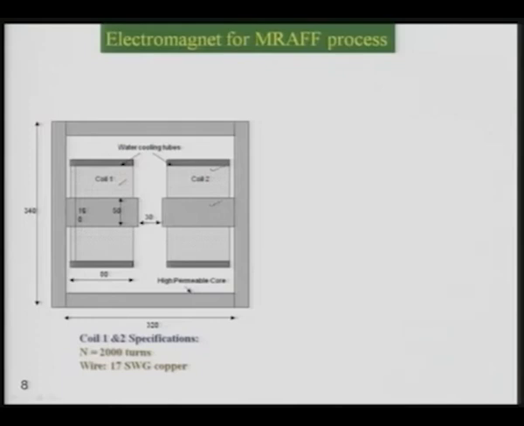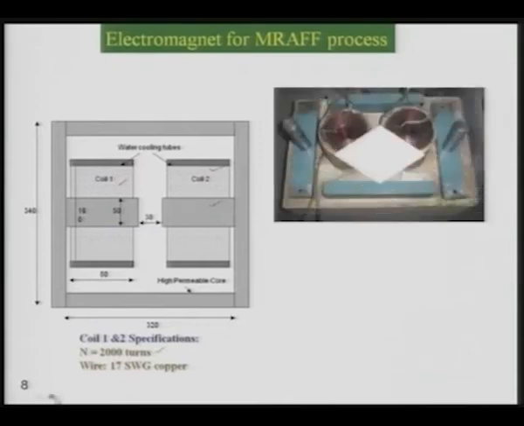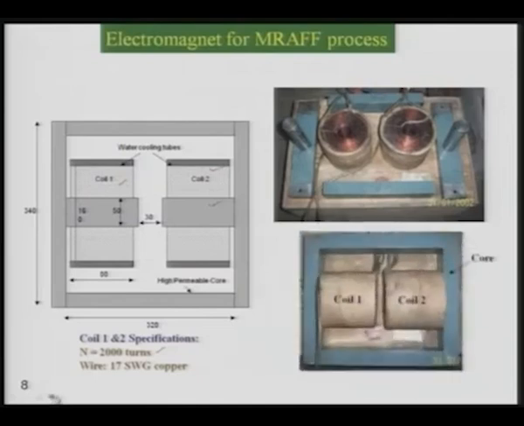The specifications of these coils are 2000 turns and wire of 17 gauge. You can see the pictorial view of the same thing. Here the electromagnet coils are there. You can see another view of the electromagnet.